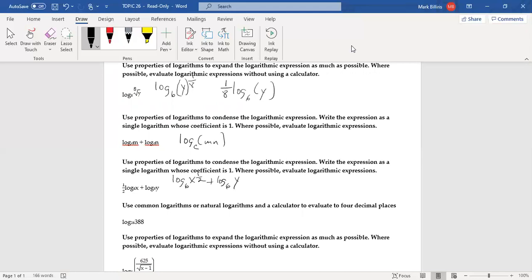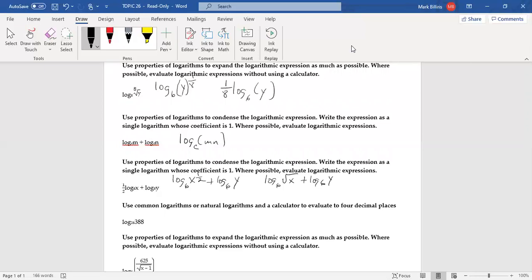Now keep in mind what a rational exponent means. We're going to change from exponential form to a radical. The denominator being 2 means we're dealing with the square root. So here we'd have log base 6 of the square root of x plus log base 6 of y.